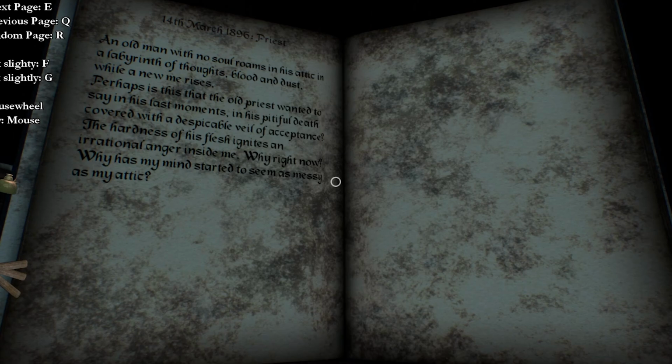Perhaps this is what the old priest wanted to say in his last moments, in his pitiful death covered with a despicable veil of acceptance. The hardness of his flesh ignites an irrational anger inside of me. Why right now? Why has my mind started to seem as messy as my attic?